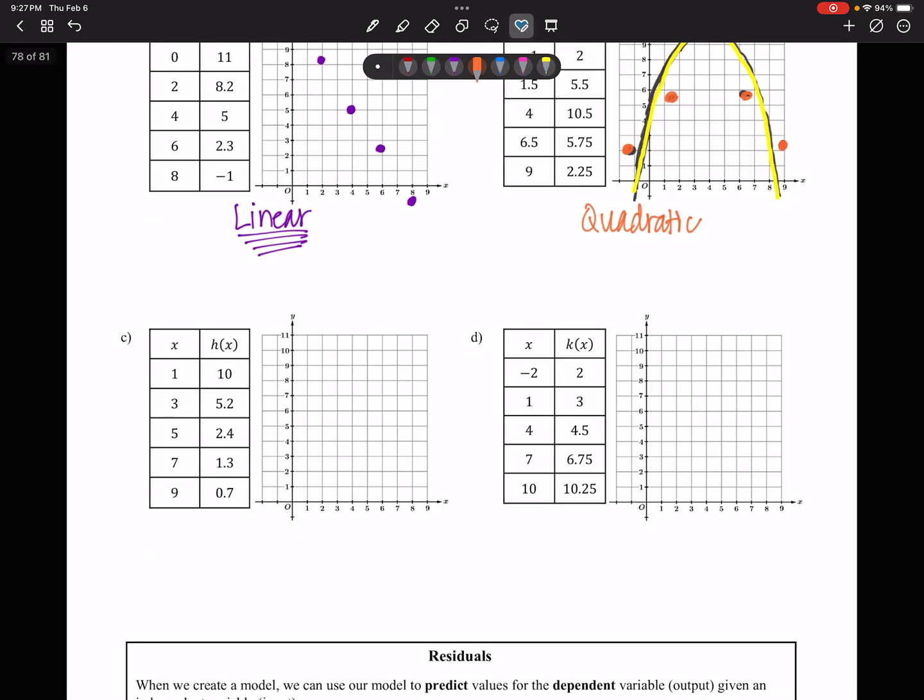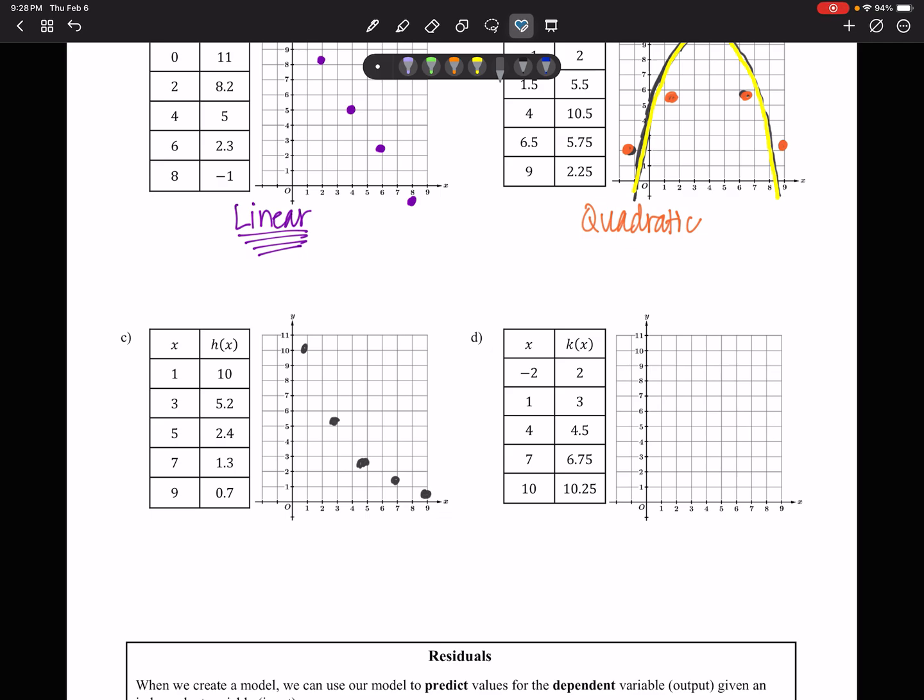Okay, the next one, 1, 10, I'm going to try and catch up to 10. 3, 5.2, 5, 2.4, 7, 1.3, 9.7.